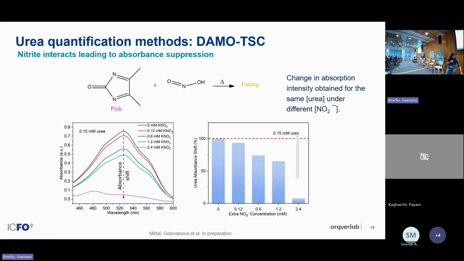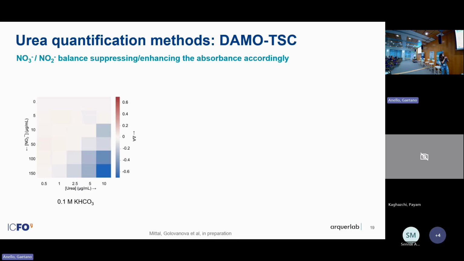And we decided to reproduce that. So we checked what happens with different urea concentrations and different nitrite concentrations in a certain media, which is, let's say, 0.1 molar bicarbonate. And you see that the more urea you have, the more nitrite you have, the more suppression you have in the absorption.